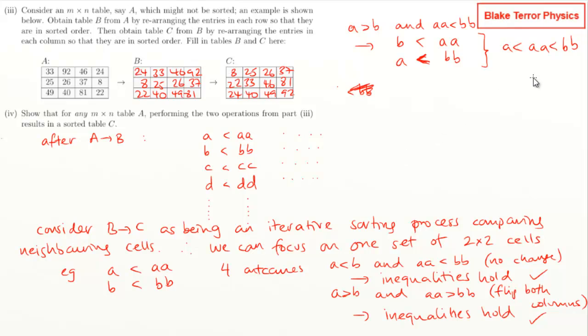And then what was the other one? BB, actually it's exactly the same thing as this, isn't it? So we've got BB is greater than AA and it's greater than B. Well, no, actually, we're just in the same position. Yeah, I can say that BB is greater than A is greater than B.